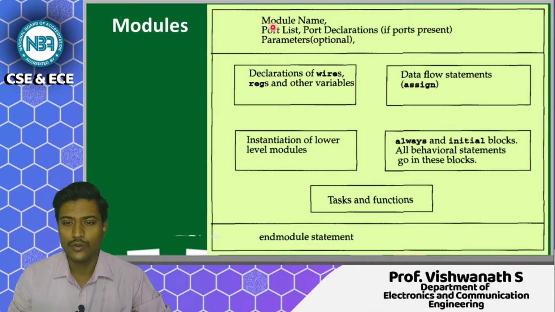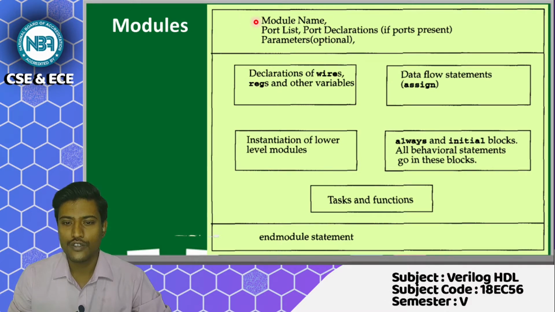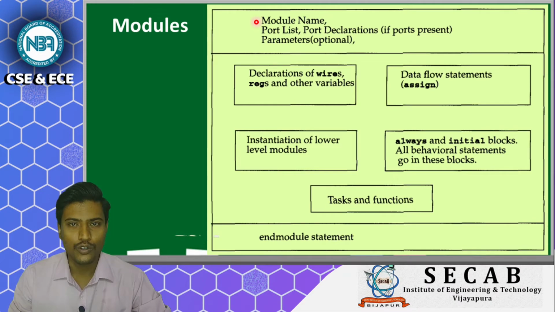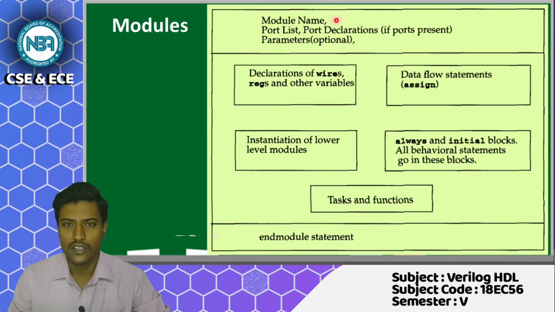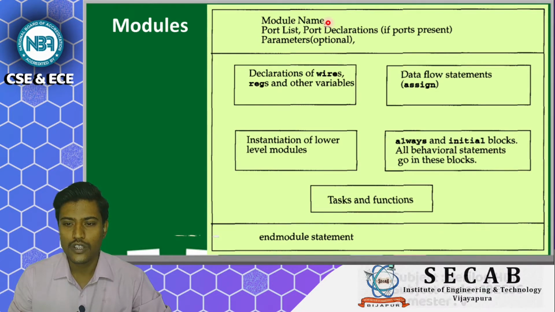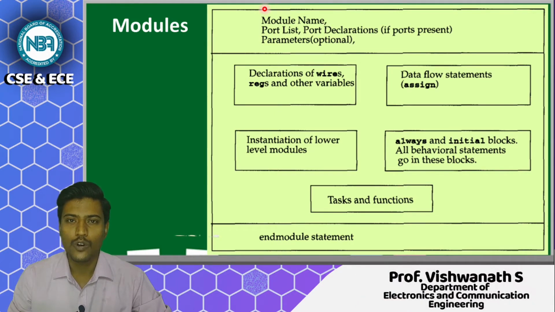Here one thing is sure: your module should always start with module and then the module name. To give the module name, we have a certain set of rules. The module name has to always start with an alphabet.